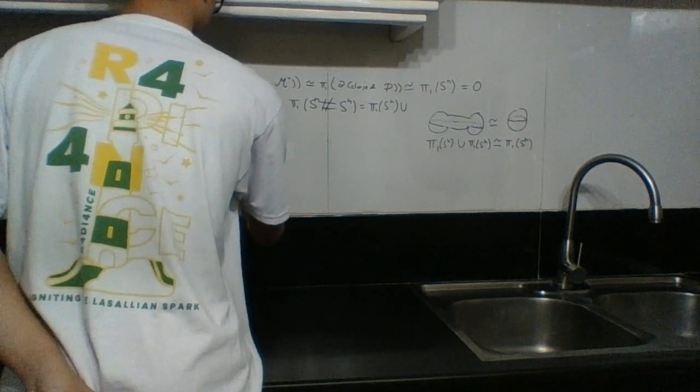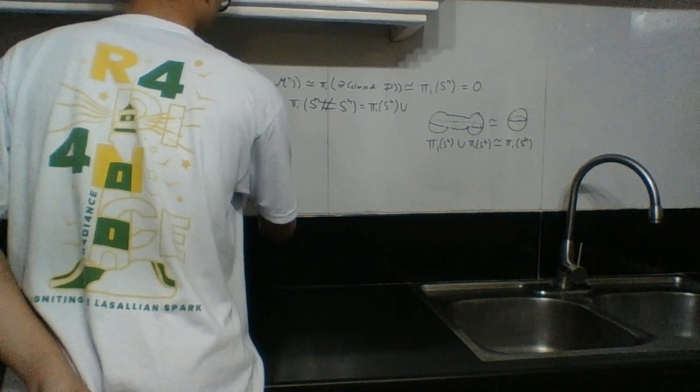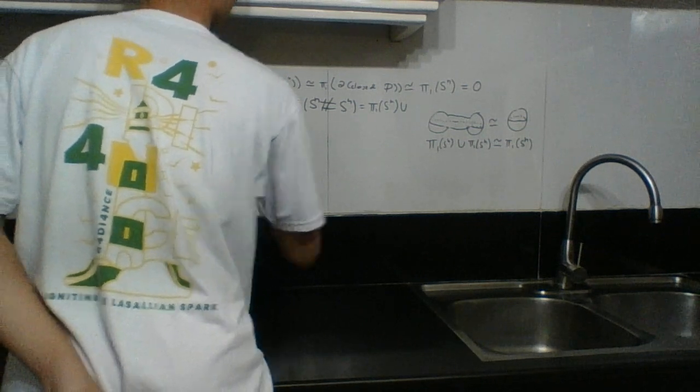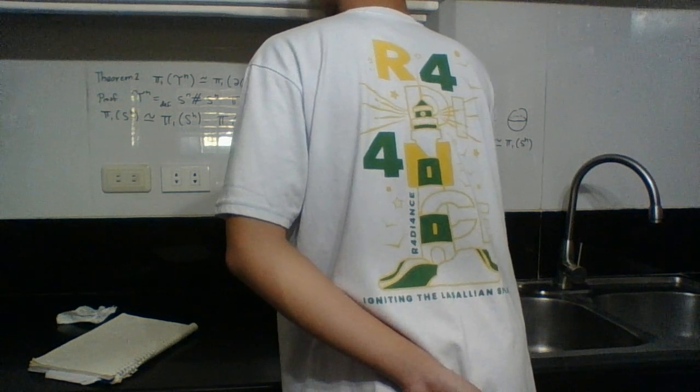Now pi 1 of Sn is equal to 0. So this is just 0 union 0, which is homomorphic to 0.